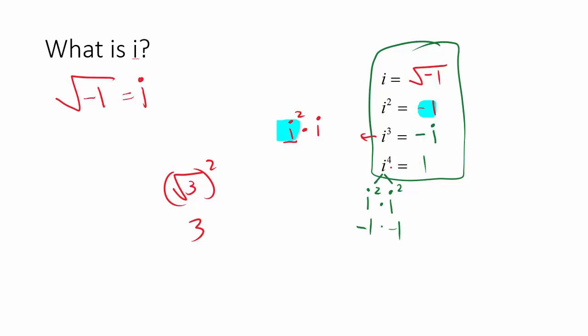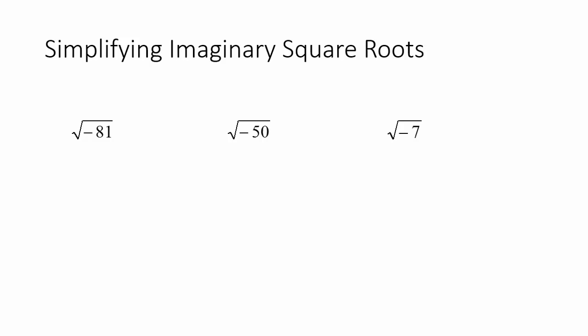All right, so we define i, or imaginary numbers, as occurring when we take a negative square root. So what we're going to do is simplify some square roots into some imaginary numbers, and we'll do that just like we would a normal square root. So if you look at the square root of negative 81, what I can do is split this up into negative 1 times the square root of 81, both under the radical.